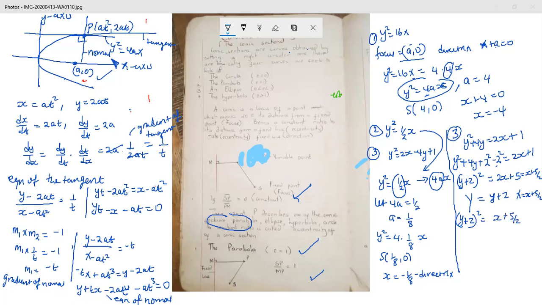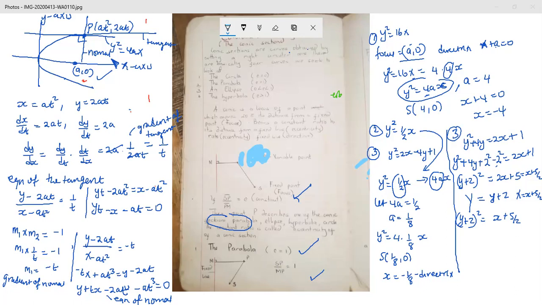Also that one, the coefficient is 1, okay? So we have said we let capital Y be equal to small y plus 2, then capital X to be equal to small x plus 5 over 2. The 5 over 2 has come about as a result of dividing both by 2 here and by 2 this side.